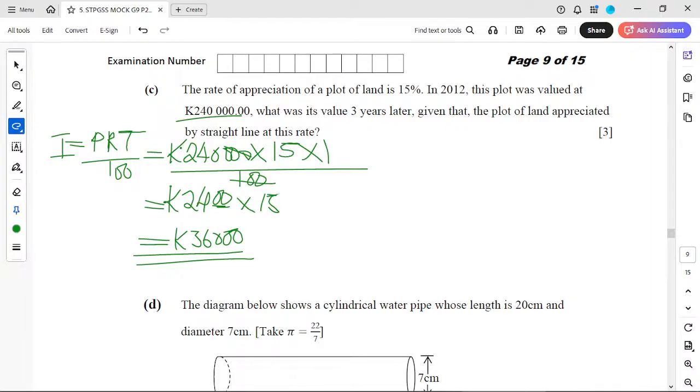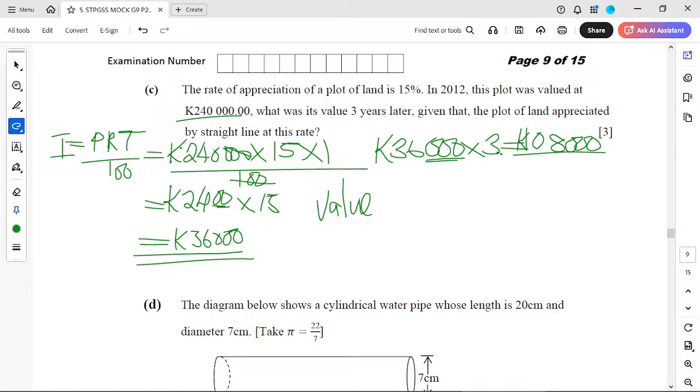For us to find the appreciation of land, what we're going to do is find the total value of land in 2015. So we can even say value of land after 3 years. I'll just write value of land.